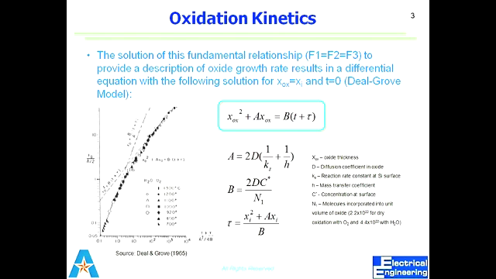So we come up with the equation x square plus a x minus b into t plus tau, or the same thing, if it's on the other side, x square plus a x equals b into t plus tau. So this is the basic Deal-Grove equation that you need to keep in mind.